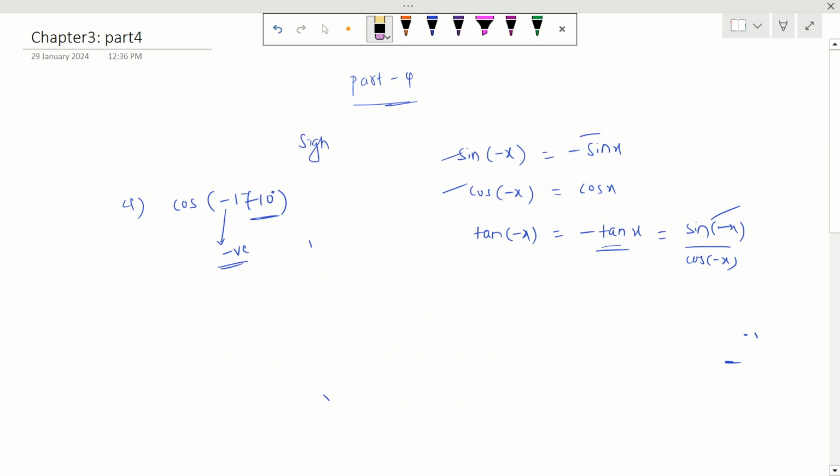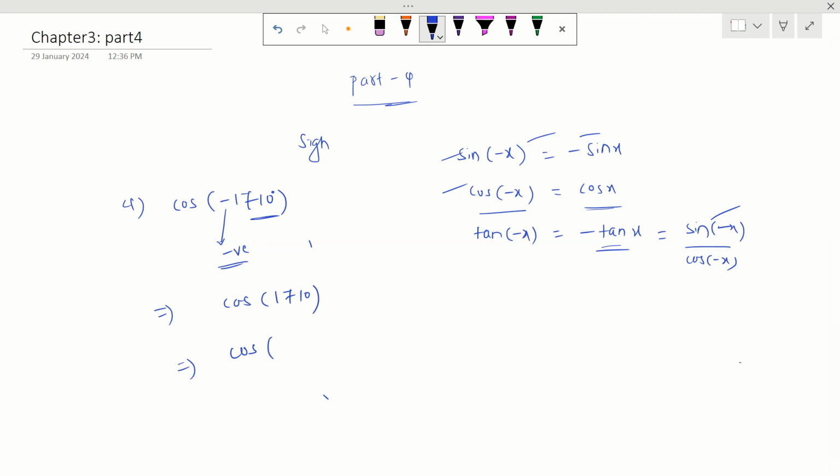Now we will solve this in a different manner, the quadrant manner. In this formula we have seen that cos of minus x is cos x, and sine of minus x is minus sin x. So cos of minus theta is cos theta, and I can write cos of minus 1710 as cos of 1710. Now we can apply the quadrant rule here.